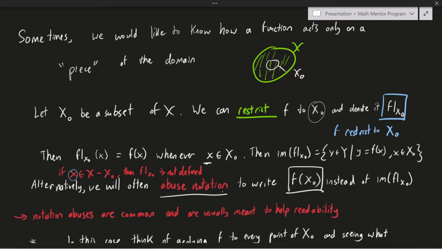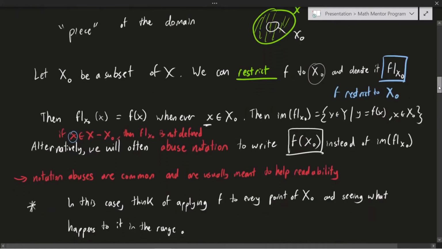This time I'm doing my own, but this is actually quite common, and it's used everywhere to denote the function applied to every single thing inside my subset. Let me be clear that the notation abuse is not meant to be confusing. It's actually meant to help readability and stay more in line with common conventions in mathematics.